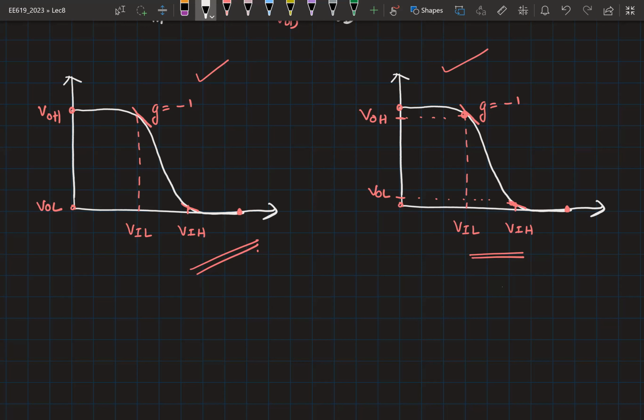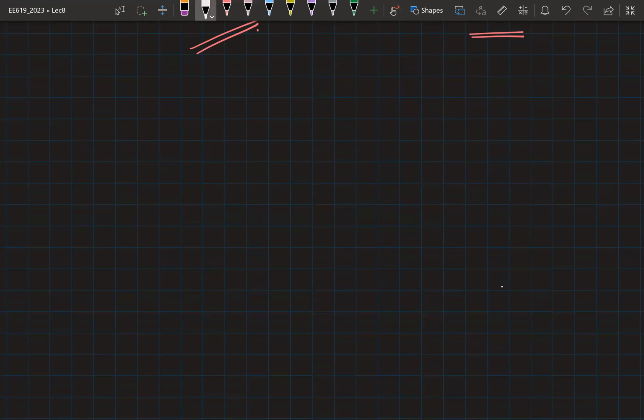Okay. Now, an interesting property of this transition region is that the gain there is greater than 1. Can you think of any application to this? Yeah. So what can you do in analog circuits where the gain is greater than 1? You can use it as an amplifier.